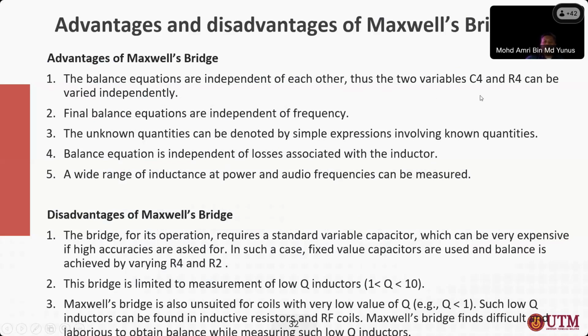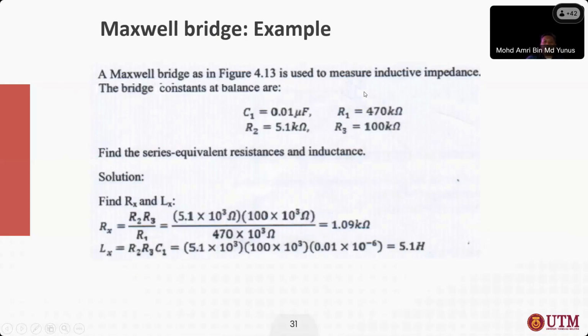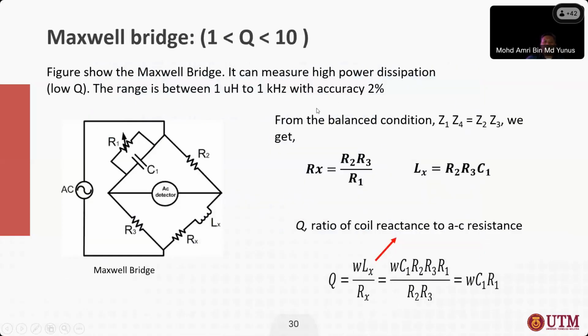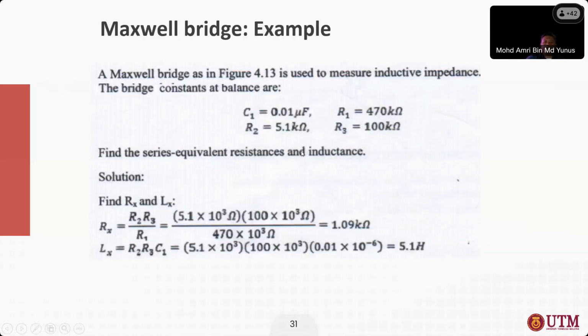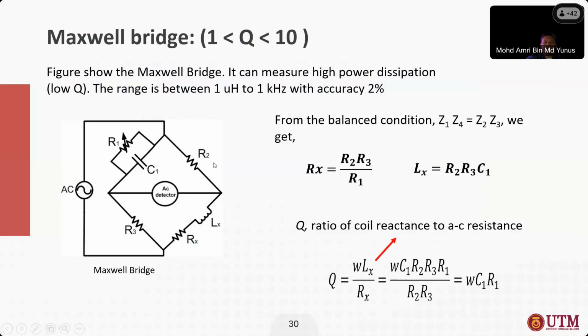Therefore, the variables C4 and R4 can be varied independently. I think it's mentioned in this part where R1 can be varied, and C1 also can be changed or varied to a different value.